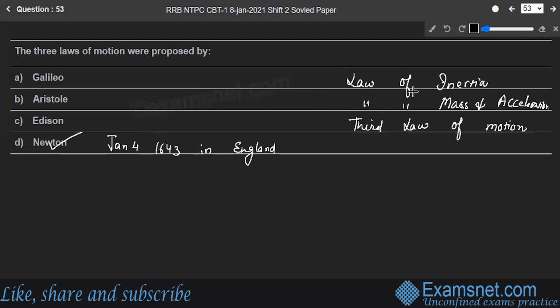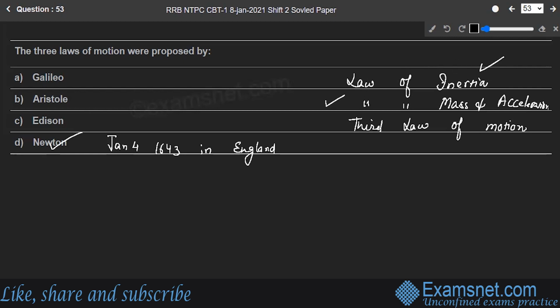In 1687, Newton published Philosophiae Naturalis Principia Mathematica, most often known as Principia, which offers an exact quantitative description of bodies in motion with three basic but important laws of motion. Let's discuss them. First law, that's the law of inertia. It states a stationary body will stay stationary until an external force is applied on it.